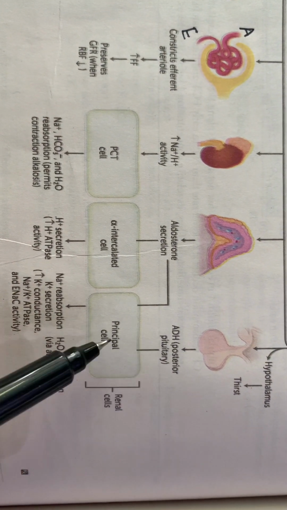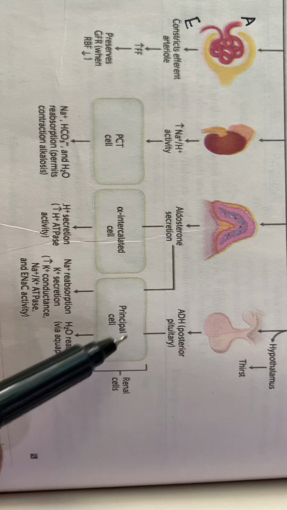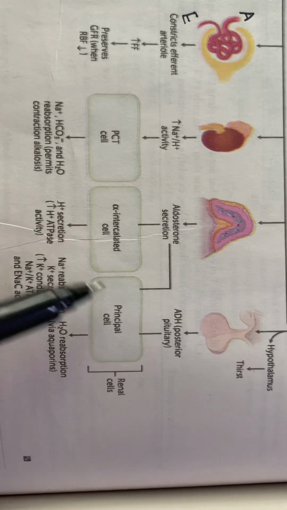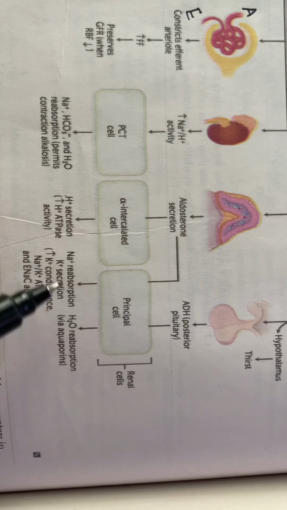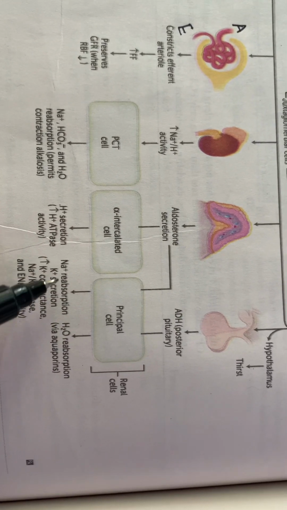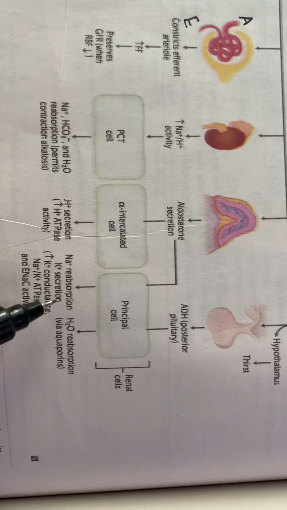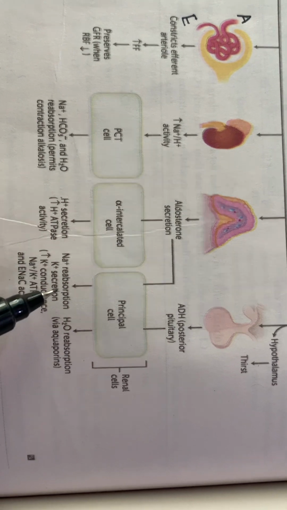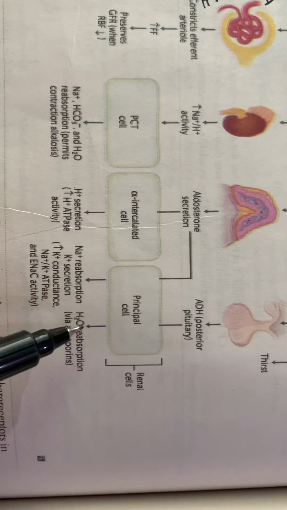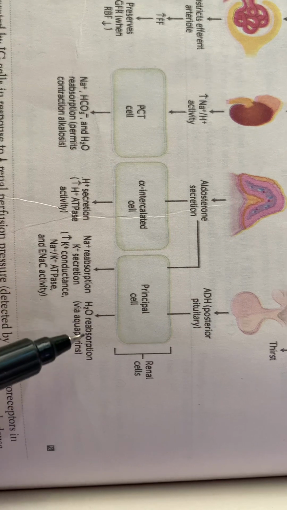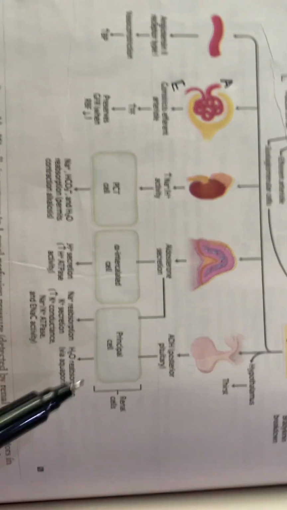And ADH also acts on the principal cells, which are the renal cells, and causes the same function discussed previously, that is, it increases sodium reabsorption and potassium secretion for the preservation of the plasma osmolality, and it causes water reabsorption via aquaporins.